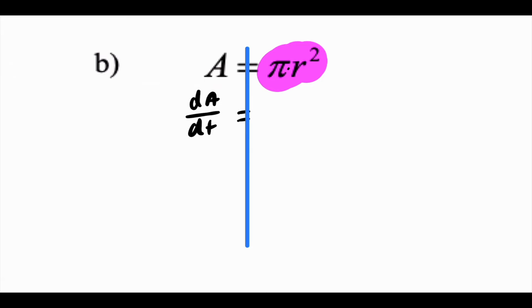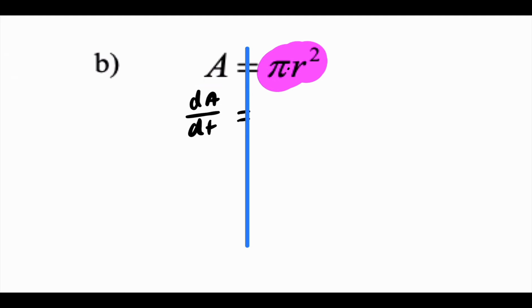Pi, what is pi? Is pi a variable? No, right? It's a value. It's so long that we don't write it. We just write it as pi, right? So pi is actually a coefficient. Pi is not a letter. Pi is not a variable.